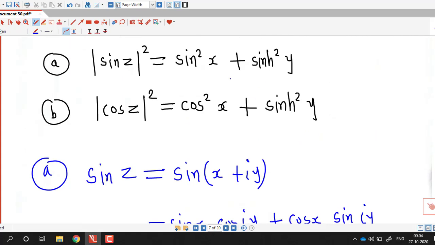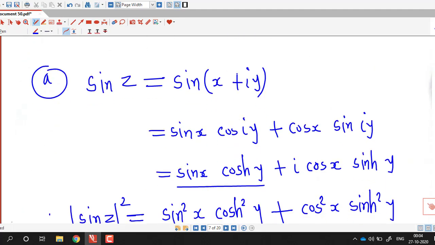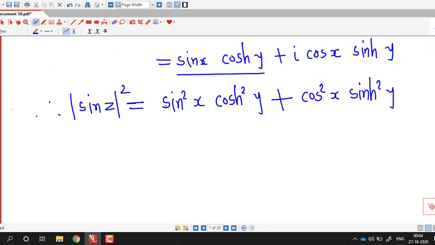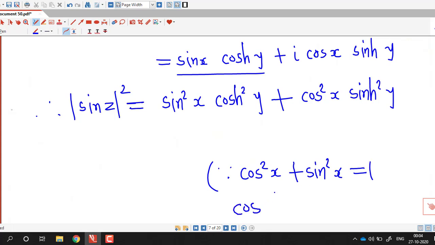Now if you concentrate on the right-hand side, there is no cosine term here, so we must replace cosine terms using some identities. If you remember, we have this identity which we already know, cos²x plus sin²x is 1, and for hyperbolic functions we have cosh²y minus sinh²y equal to 1.